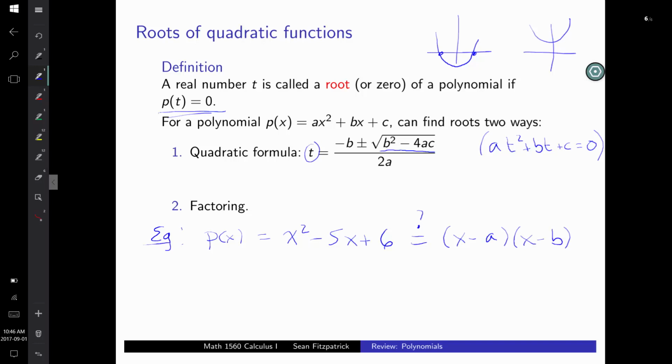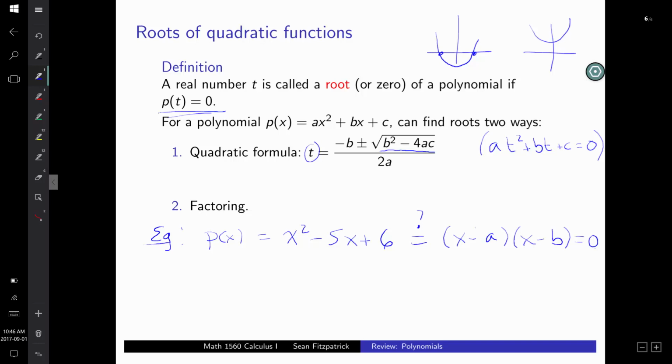Can I come up with that? The reason you would do that is that if you then set this thing equal to 0, why does factoring help you? Well, if this whole thing is equal to 0, you've got a product of two numbers equals 0. The only way that two things can multiply to give you 0 is if one of those two numbers equals 0. So either x minus a would be 0, in which case x equals a, or x minus b equals 0, in which case x would have to equal b.